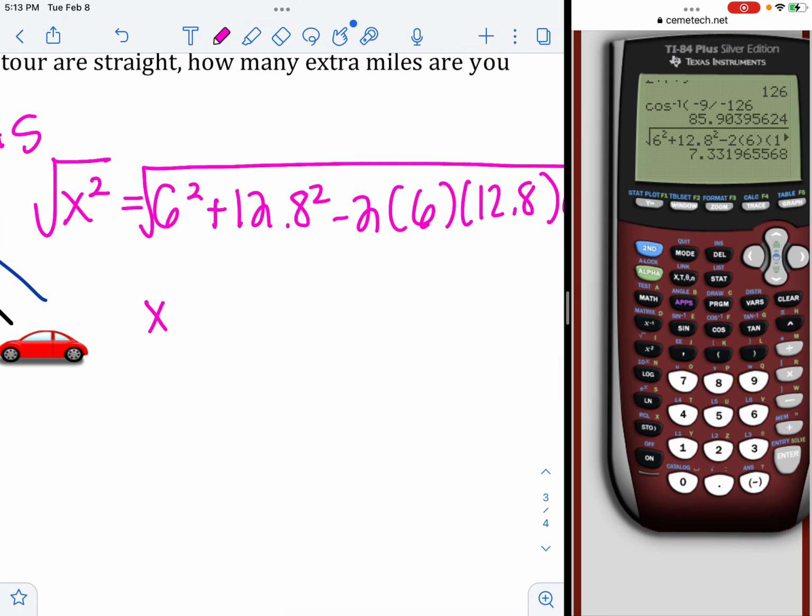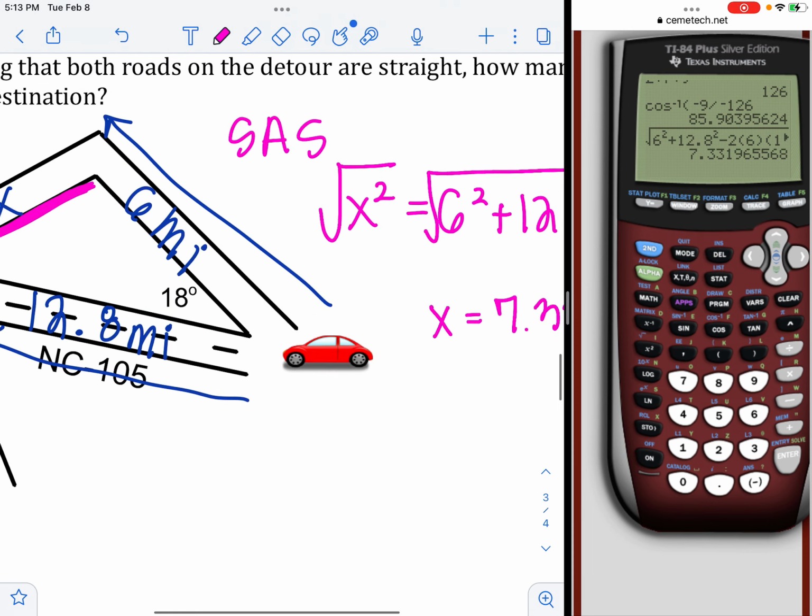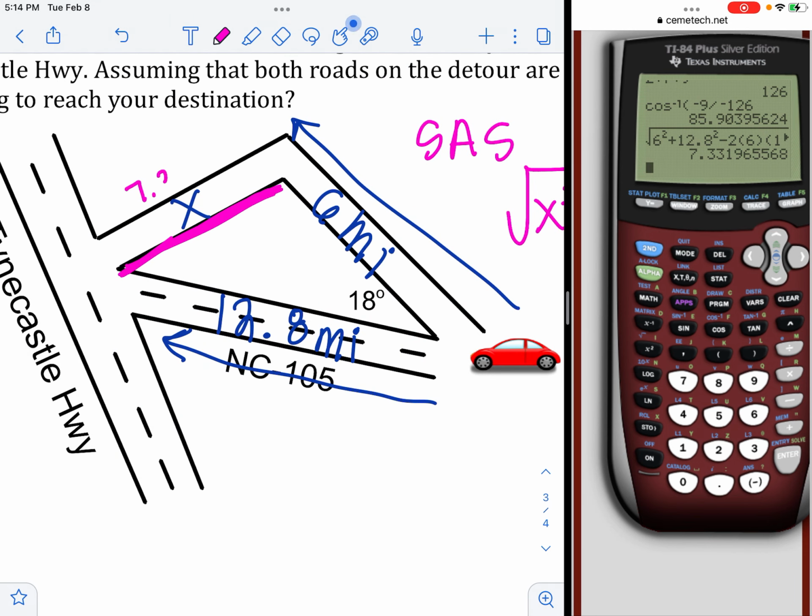All right, so X is 7.33, remember lengths of sides, 2 decimal places. So now I know that this is 7.33 miles long.